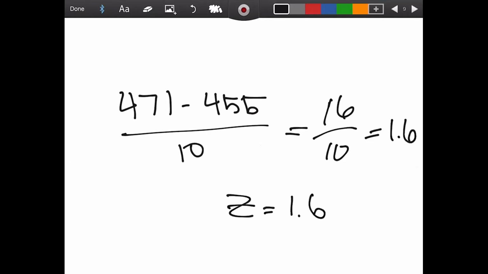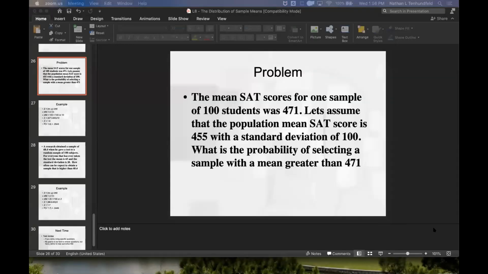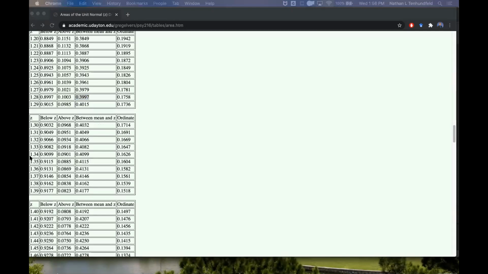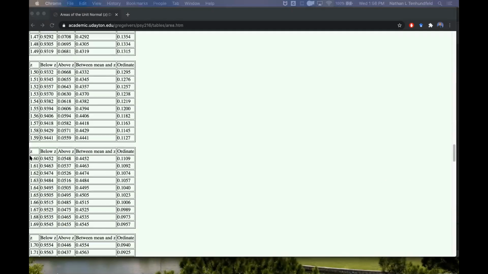And so now we take that value and go look it up in the unit normal table. We're looking for that z-score of 1.6. Are we interested in the tail or the body percentage? The tail.